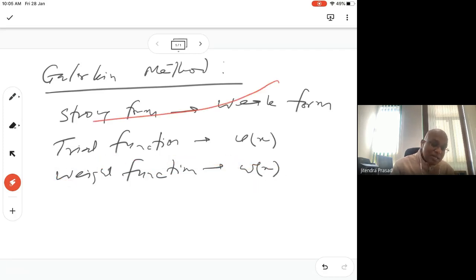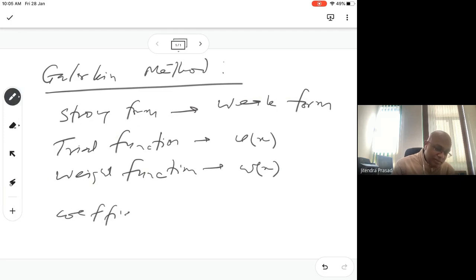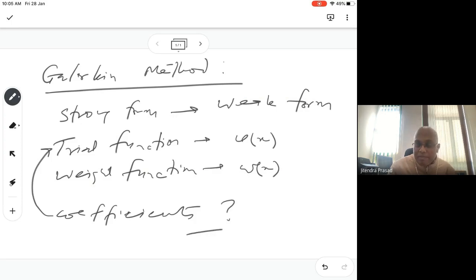The remaining equation gives us the value of the coefficients in the trial function. So basically the main thing is the coefficients of the trial function that we find out, and depending on the trial function itself, we can either find the exact solution or the approximate solution.